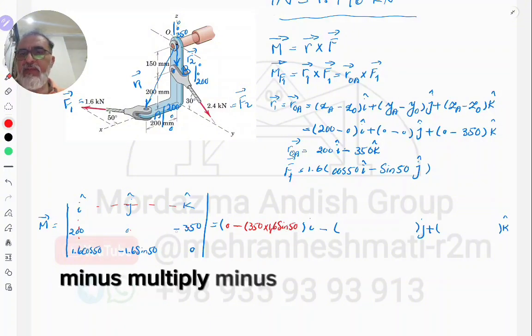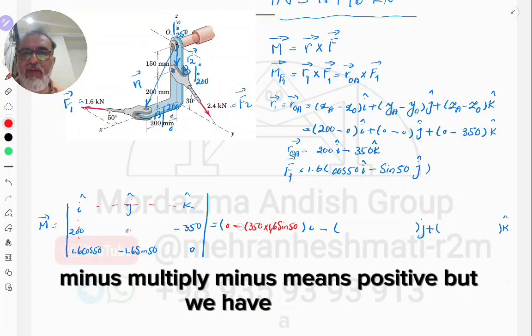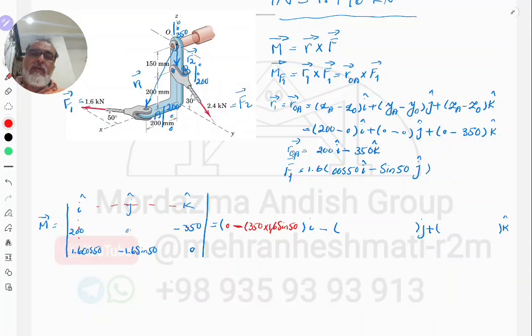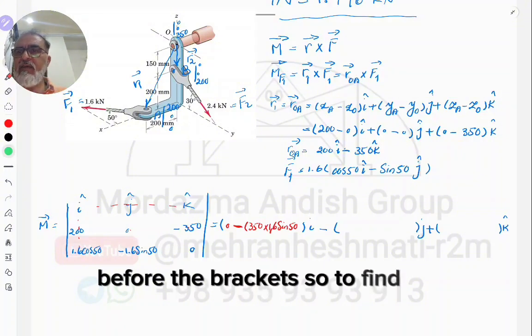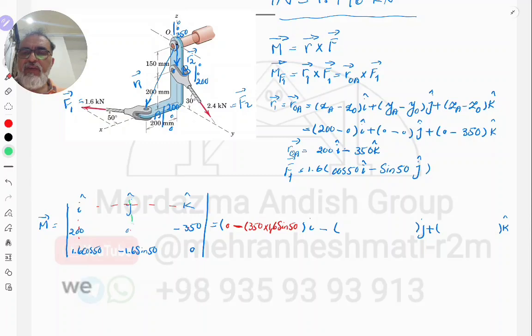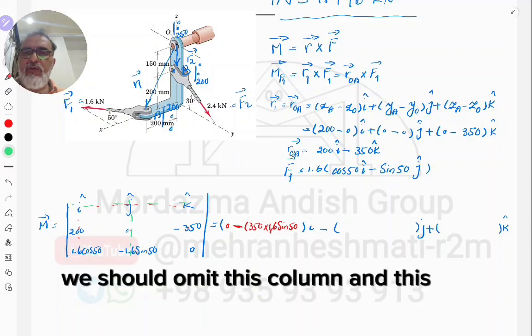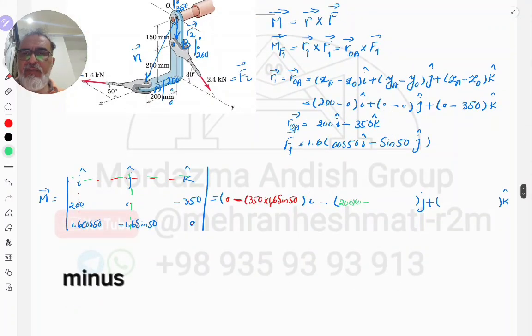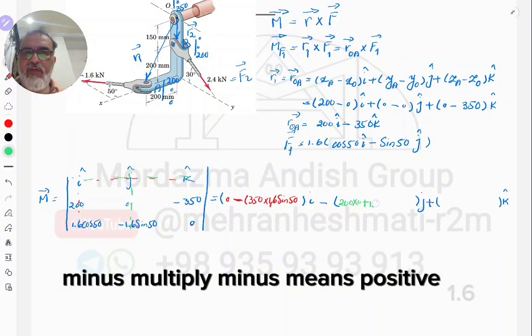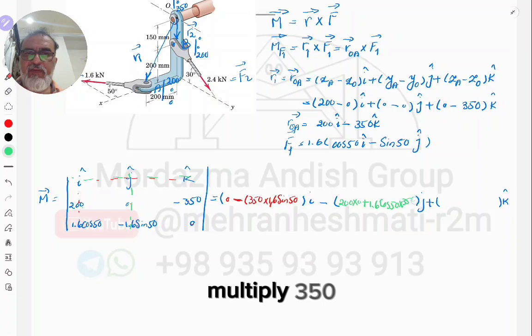Minus multiply minus means positive, but we have a minus before the bracket. So to find the coefficient of j, we should omit this column and this row. 200 multiply 0 minus, multiply minus means positive, 1.6 cosine of 50 multiply 350.